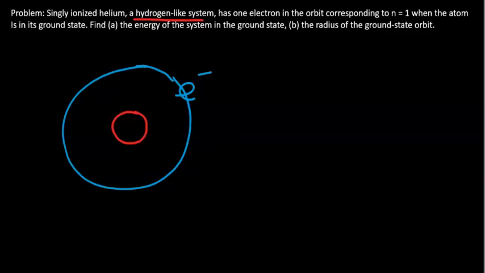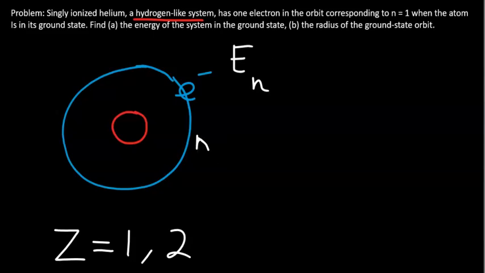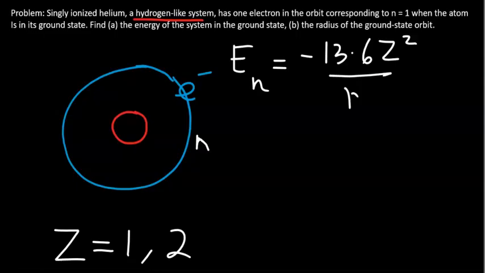Number of protons in a given nucleus is represented by the atomic number Z. For example, hydrogen's atomic number is 1, the atomic number for helium is 2, and so on. So the energy of such a system when the electron is in the nth orbit is given by the following expression, minus 13.6 Z squared over n squared.